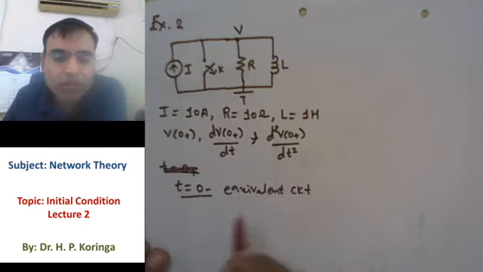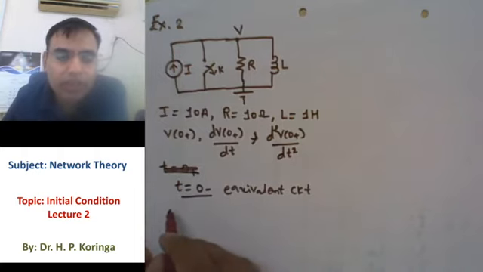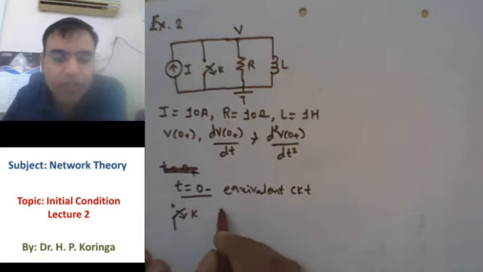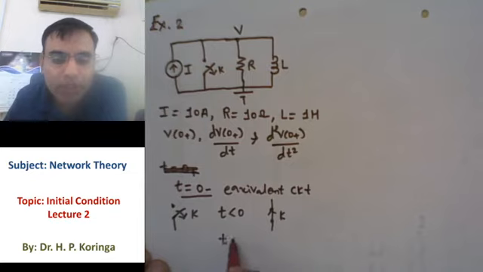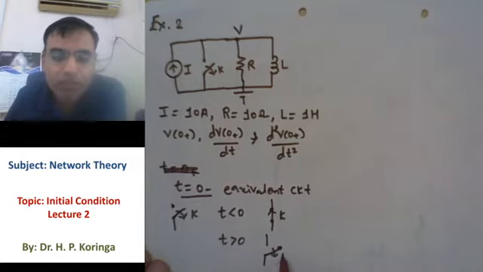The switch position indicates that the switch is opening, which means for t less than 0 the switch works as a closed switch, and for t greater than 0 it works as an open switch, because at t equal to 0 it is opening.